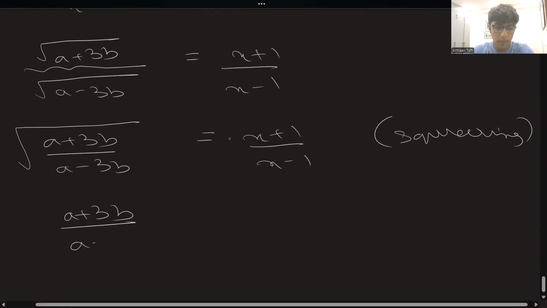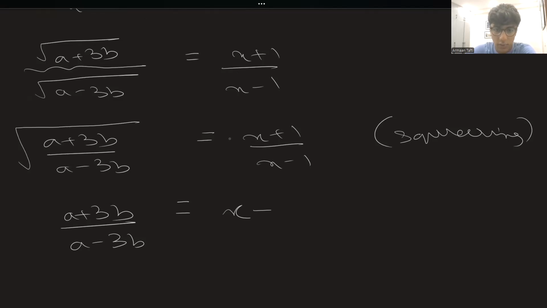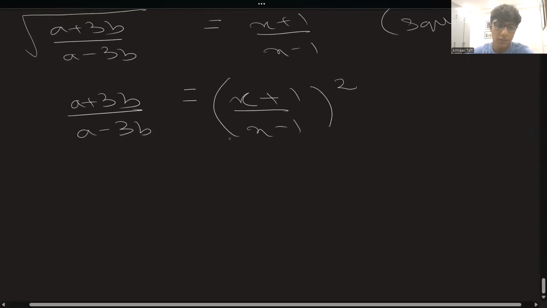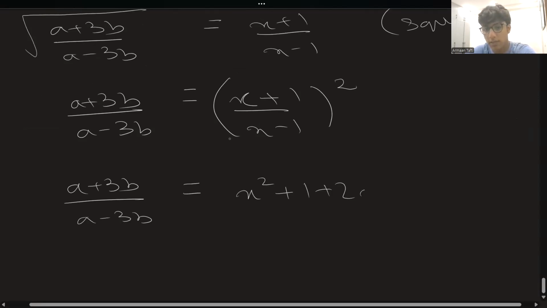If some of you think I'm going too slowly, you can watch the video on 1.5x speed. So now you just work this out. So you get a plus 3b by a minus 3b equals x squared plus 1 plus 2x by x squared plus 1 minus 2x, right?